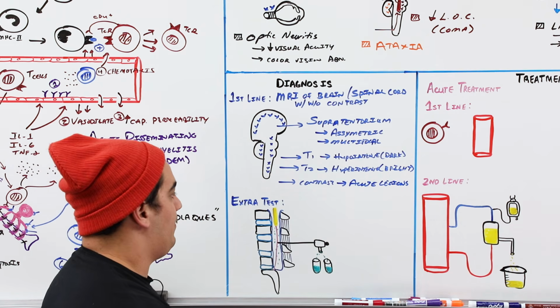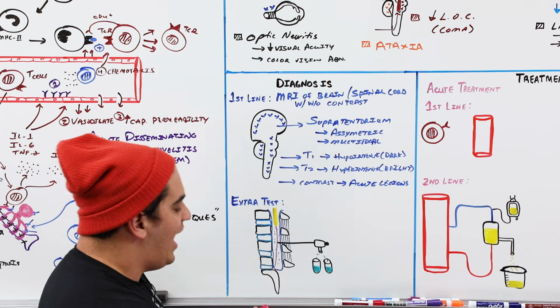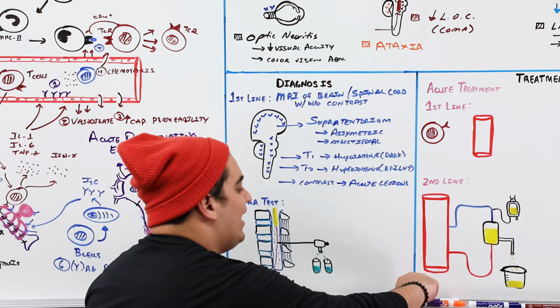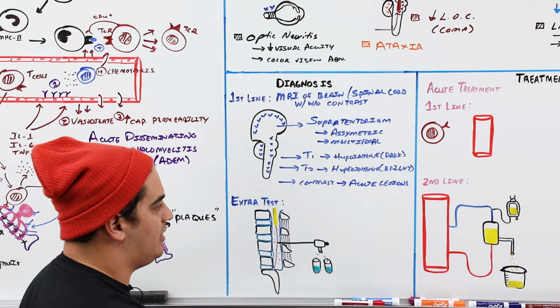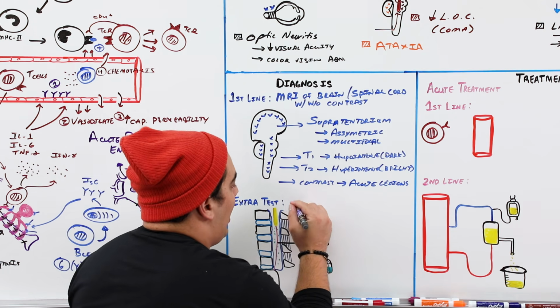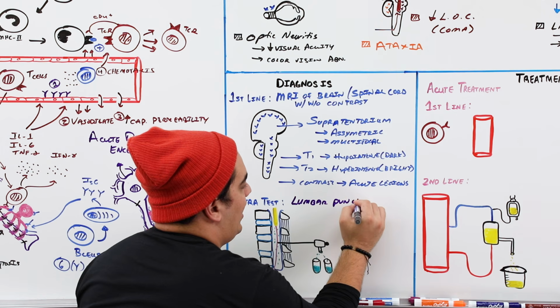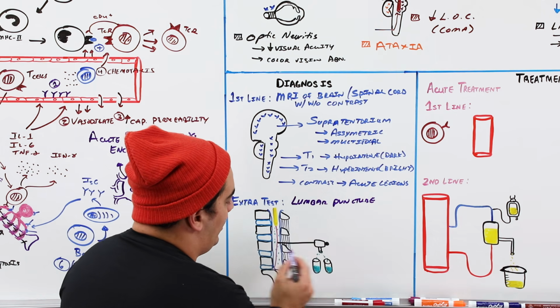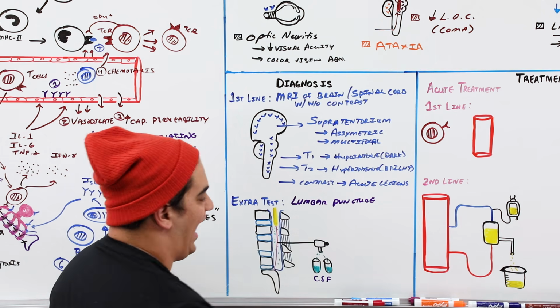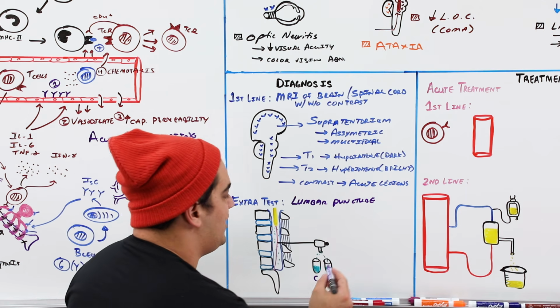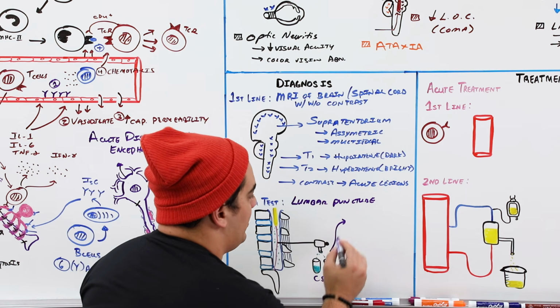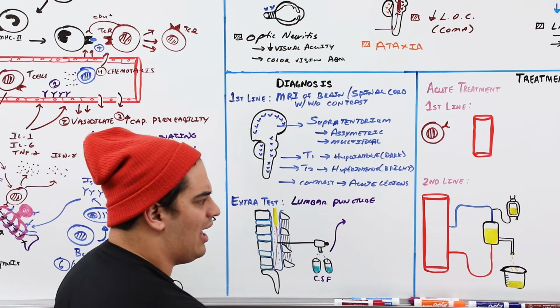Okay? Now, what other tests could I order to aid or enhance the diagnostics involved in ADEM? I can obtain a lumbar puncture. Now, when you do a lumbar puncture, you're taking some cerebral spinal fluid, right? So you're going to take some of the CSF and you're going to analyze it. Well, think about the pathophysiology. What was one of the things that we saw a lot of? Well, we did produce a lot of antibodies, right?